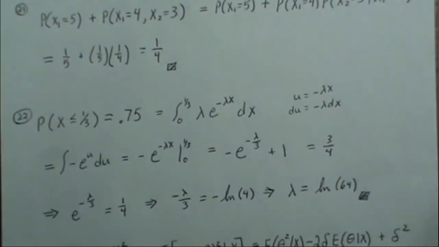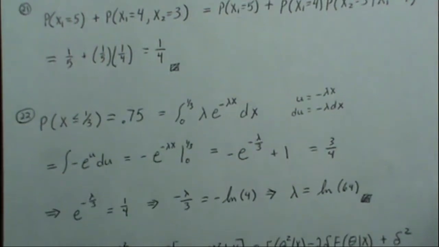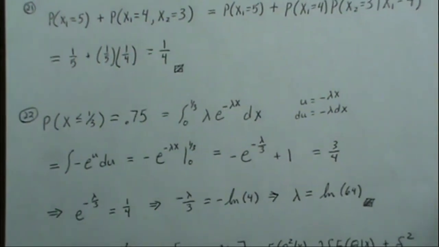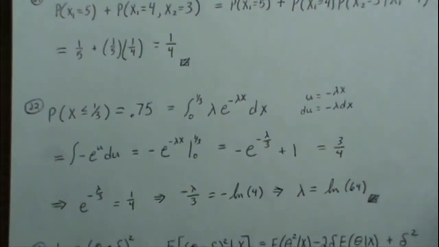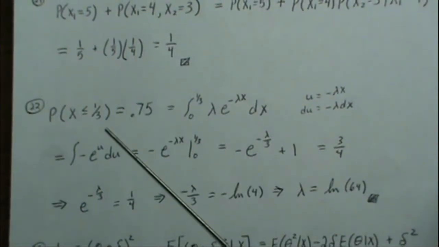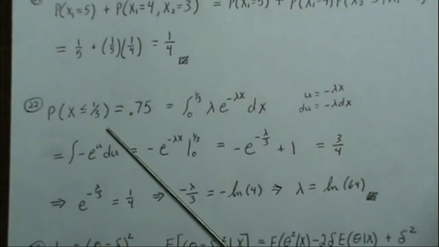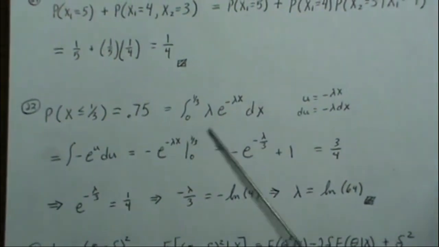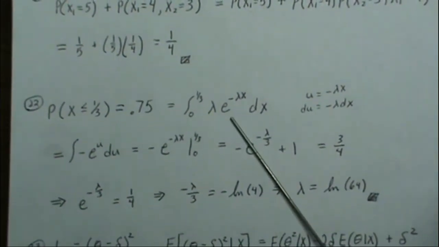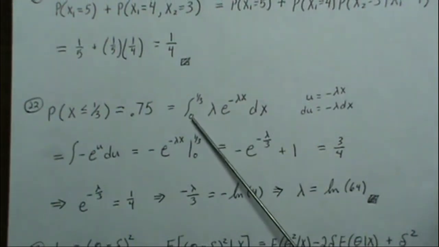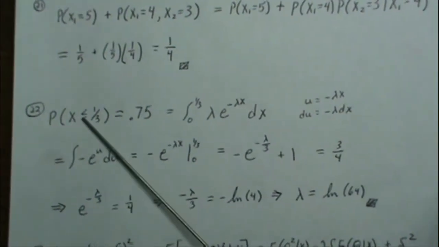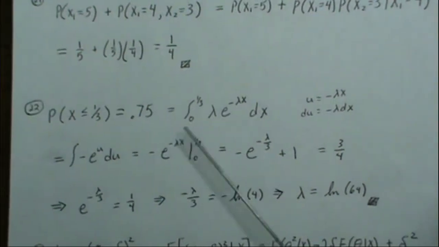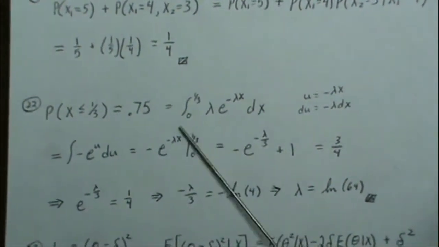So here we're given that the 75th quantile is 1/3. So by definition, this is what is given. Well, we're also given that this is the density. So going from 0 to 1/3 is what this says is equal to 0.75. Well, let's integrate this.